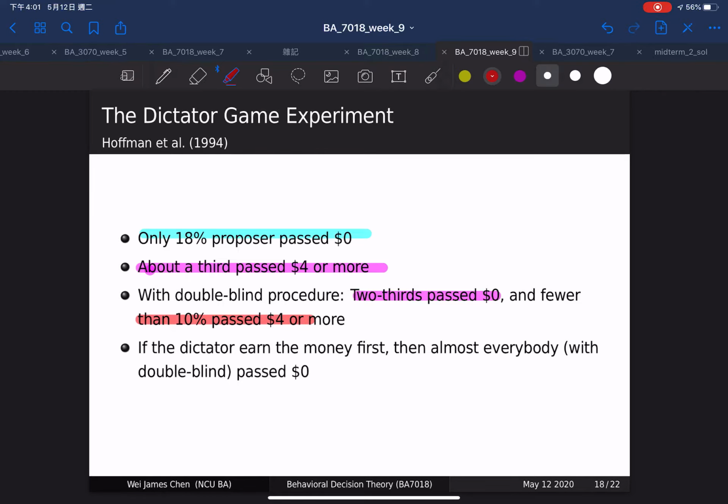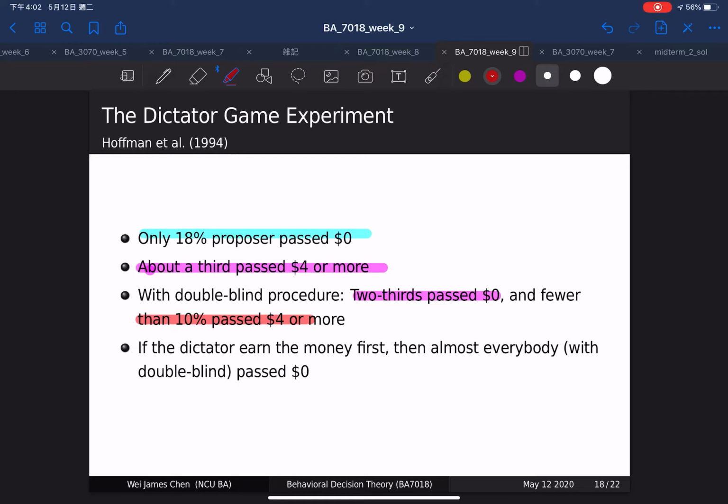But what is also very interesting, I found in another study, is that if you let the dictator work on something, like solve a puzzle or a quiz, and tell him that after this quiz or puzzle, he earns this money, and then this dictator divides this money with another person, because you create this idea that this money is his money, then this person really won't give money to the responder.